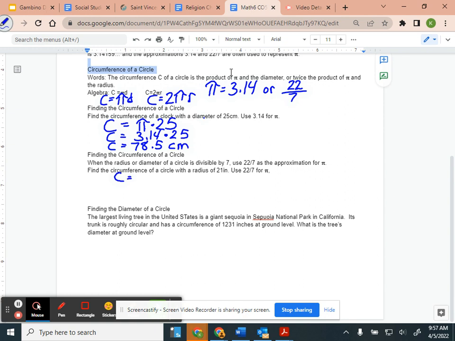C equals 22 times 21. Yeah. Now that's our radius. So what else do I have to multiply it by? 2. I also have to multiply it by 2 because that was our radius. So we have to make sure we multiply by 2.